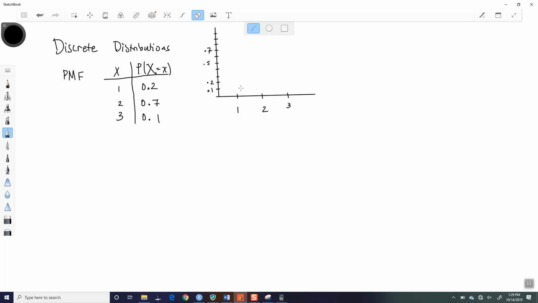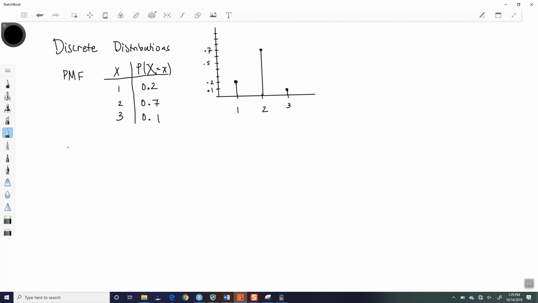And so my PMF looks like I've got a bar or a mass value right there. Or maybe not circles, should be dots. 0.7, 0.2, 0.1. Okay, so that's what we have.